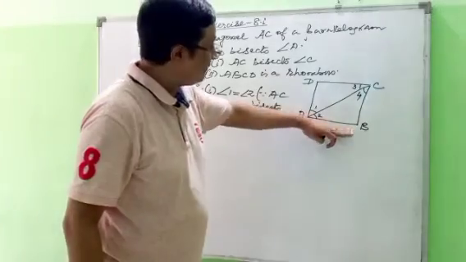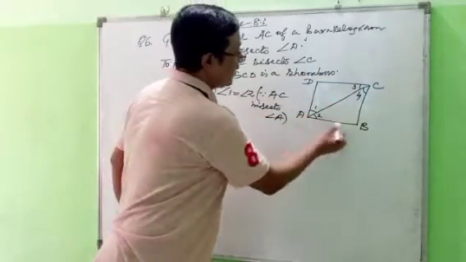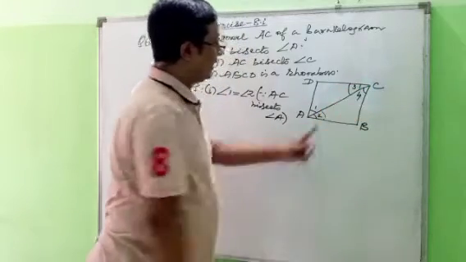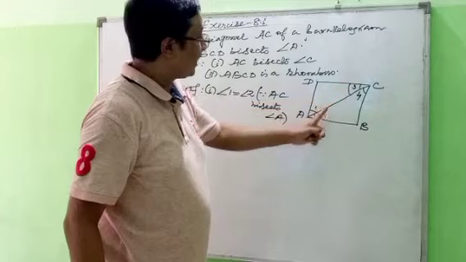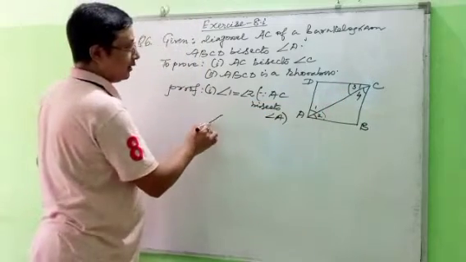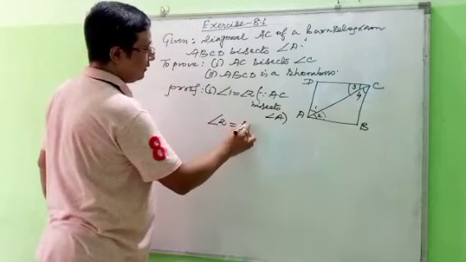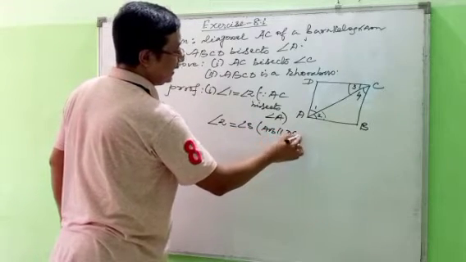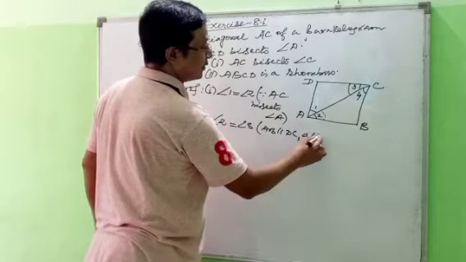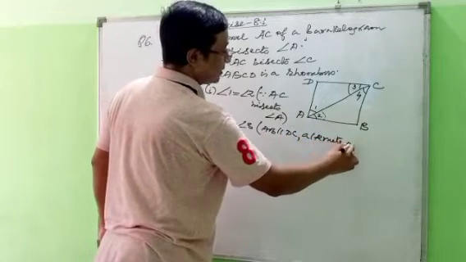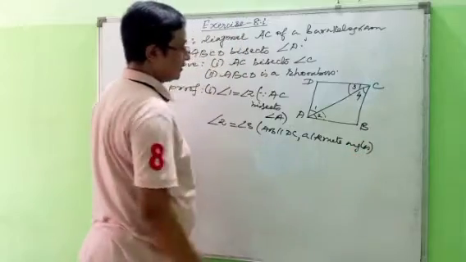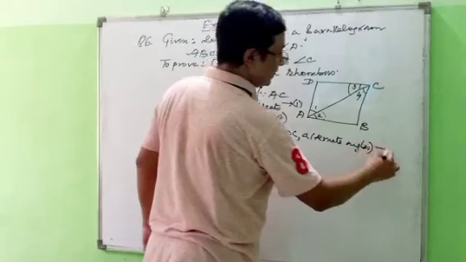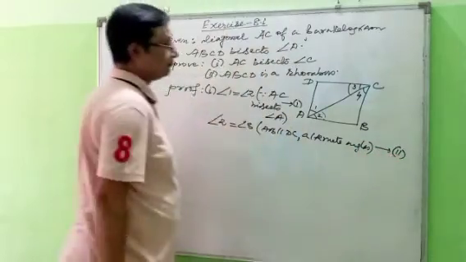Since AB is parallel to DC, angle 2 equals angle 3 because they form a pair of alternate angles. Let us take this as equation 1.